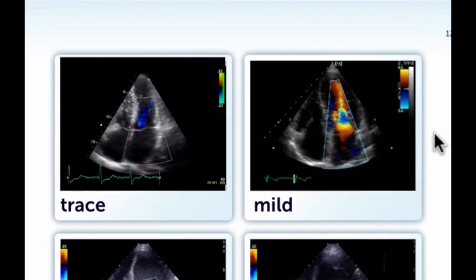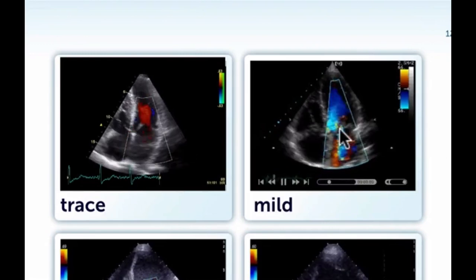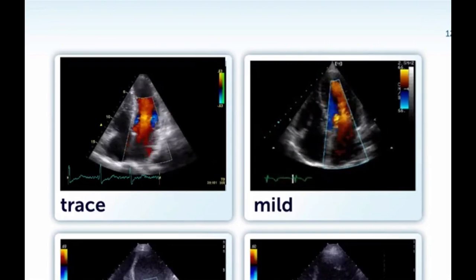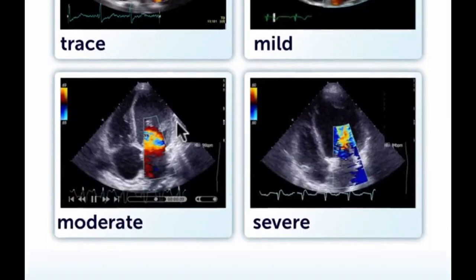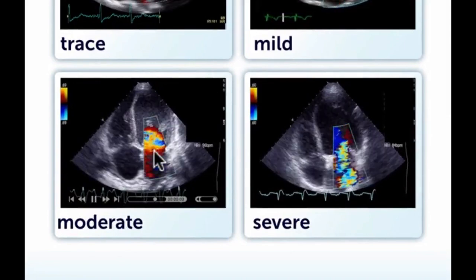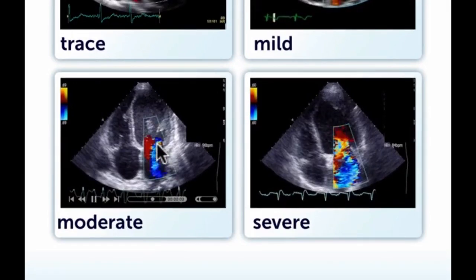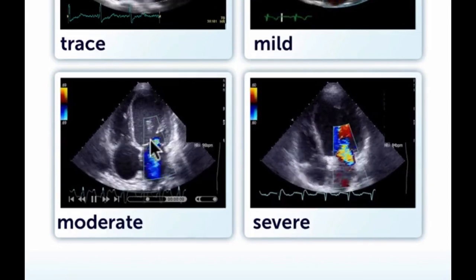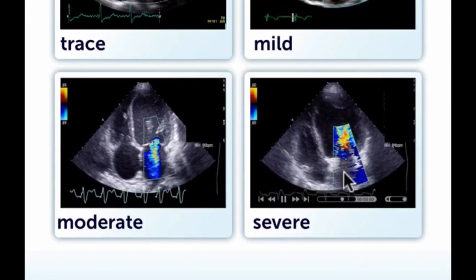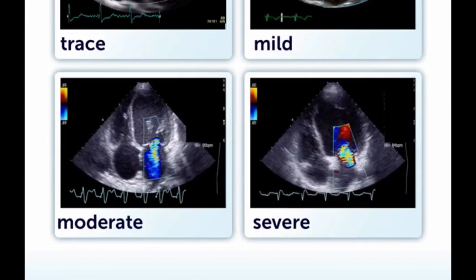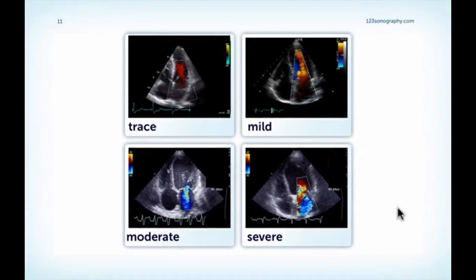You really have to play around with the transducer to get it into your field of view. Very small flow convergence zone, if any. Here, moderate regurgitation. We do see that there is a fairly broad regurgitant orifice here, or vena contracta. And here, no question, this must be severe, very severe regurgitation. Take a look at these images.